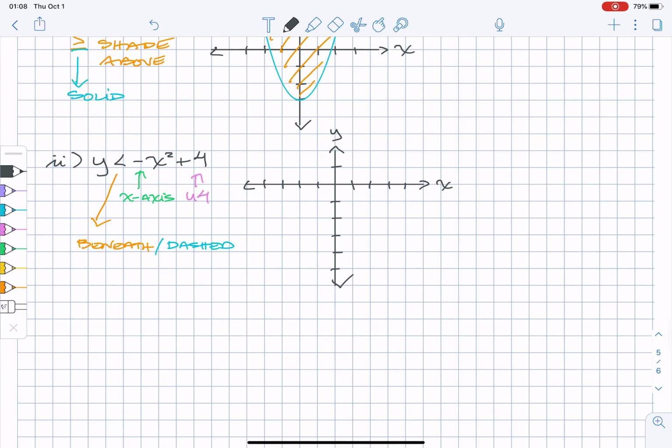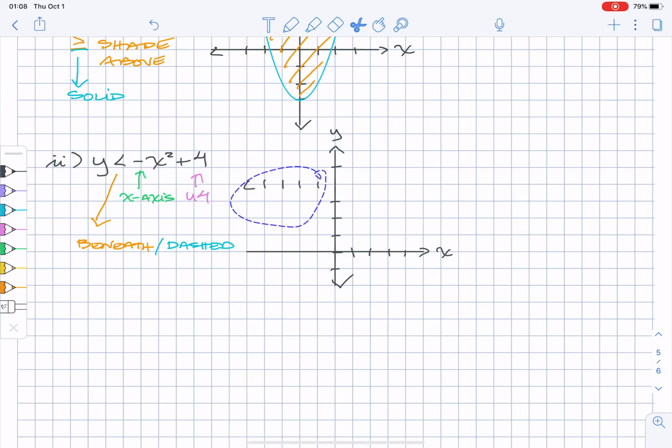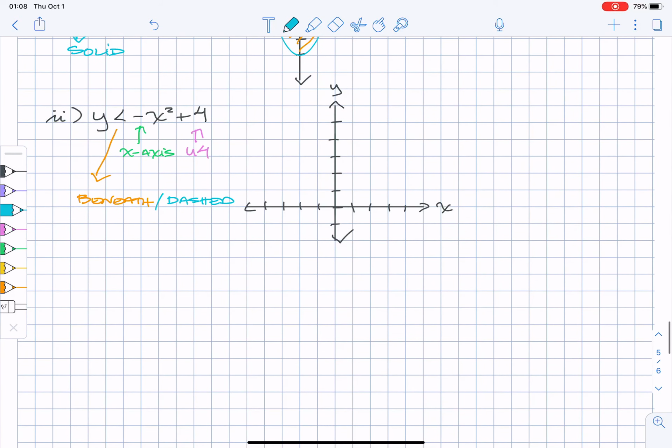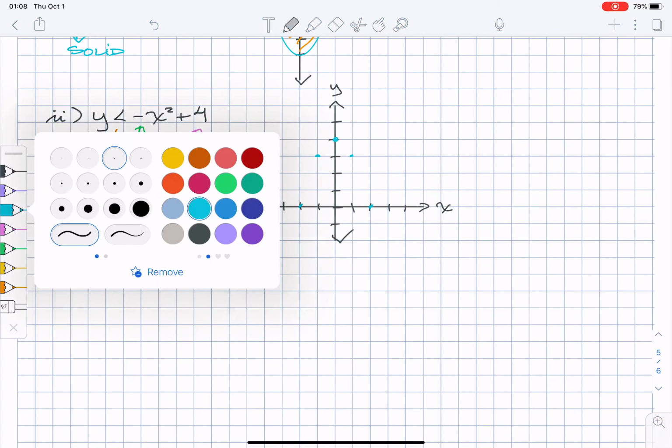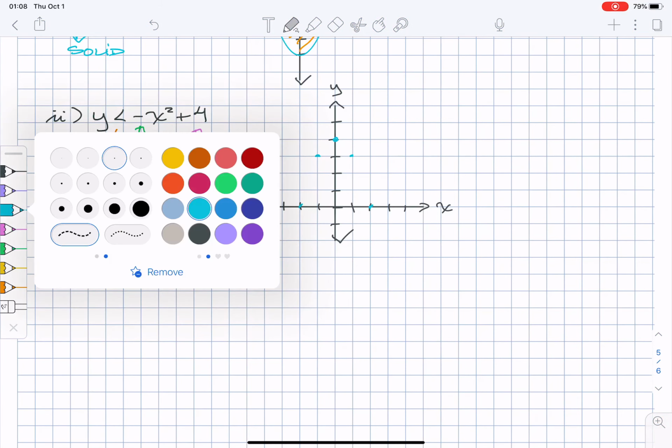Let me take this and move this down, like so, and then move these down. There we go. Okay, so it's up 4 units. So 1, 2, 3, 4, and it's going to open down. So let me change this to a dashed line. Did it change to a dashed? Okay, good.